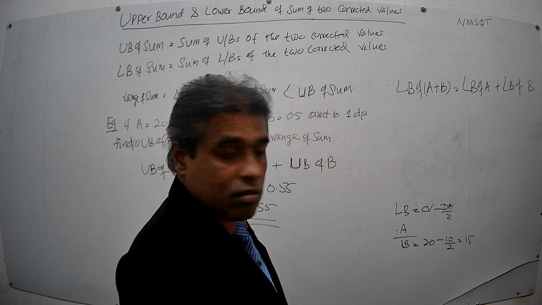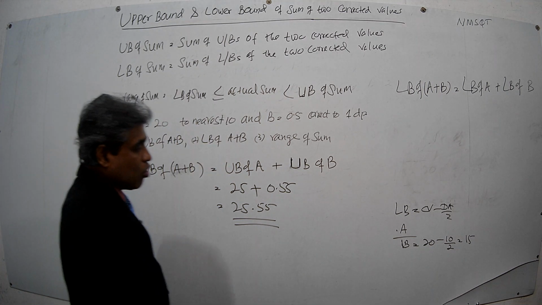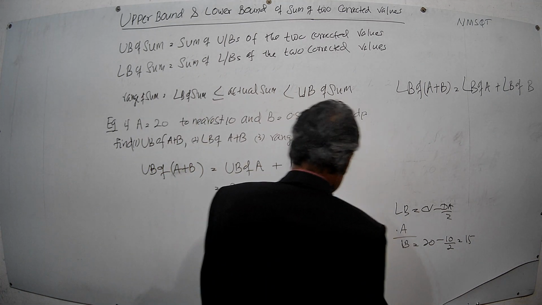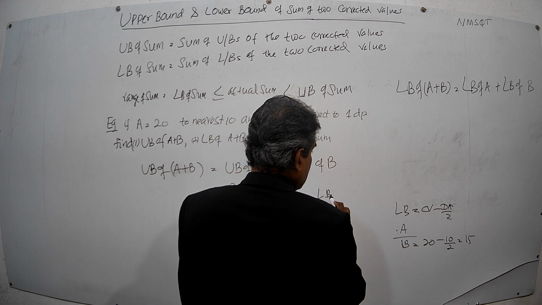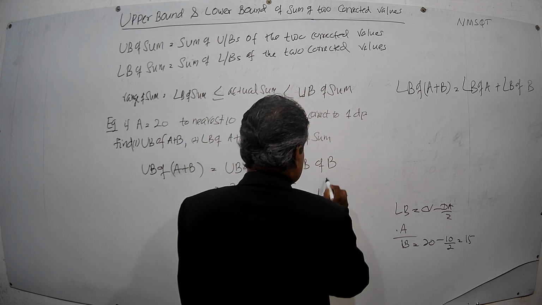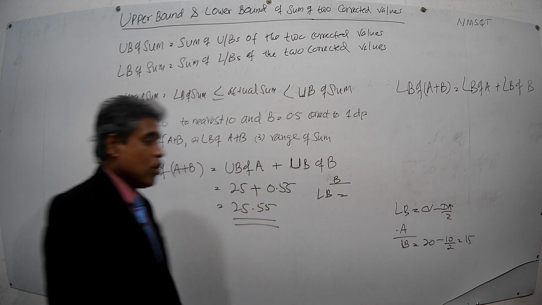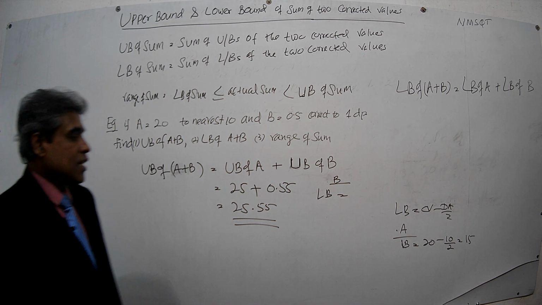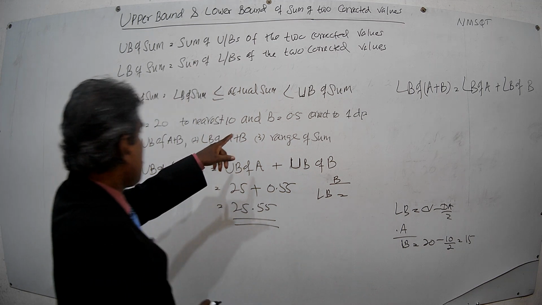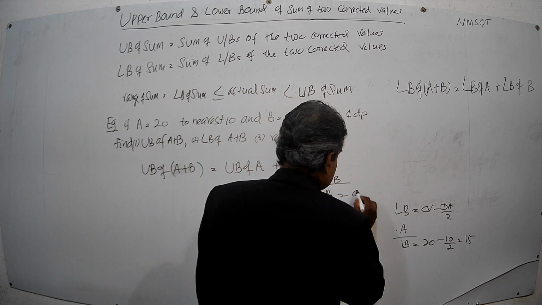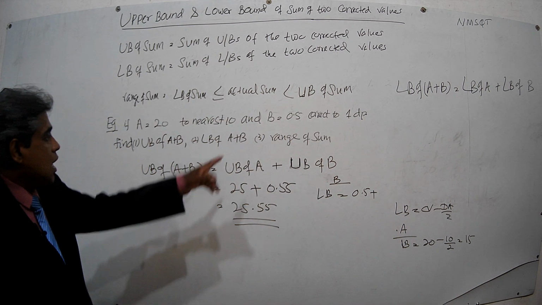Then the lower bound of B. Lower bound of B is again the corrected value, which is given as 0.5, minus the degree of accuracy.